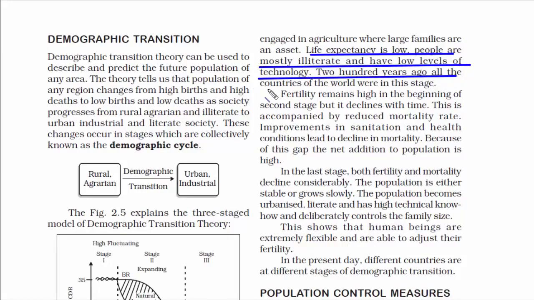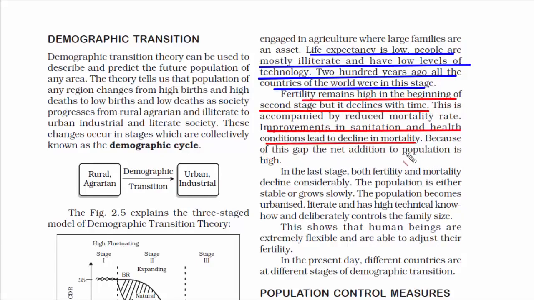As people slowly moved to second stage, life expectancy increased a little bit because there were improvements in sanitation and health conditions that increased lifespan and reduced diseases. There were general improvement like access to technology, basic healthcare and education.